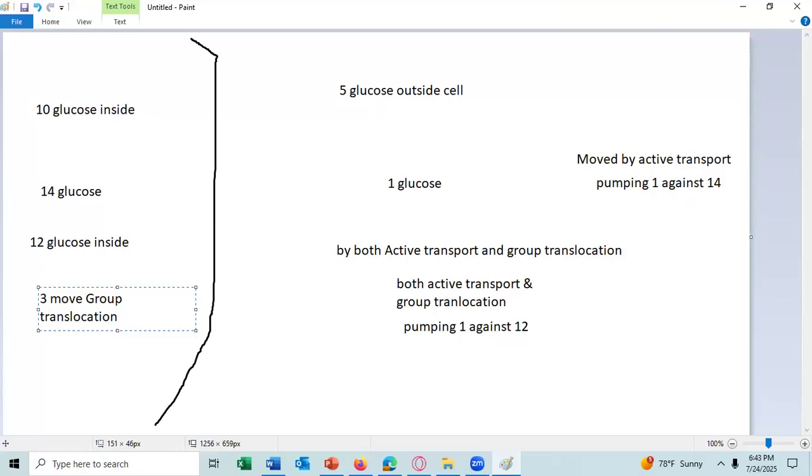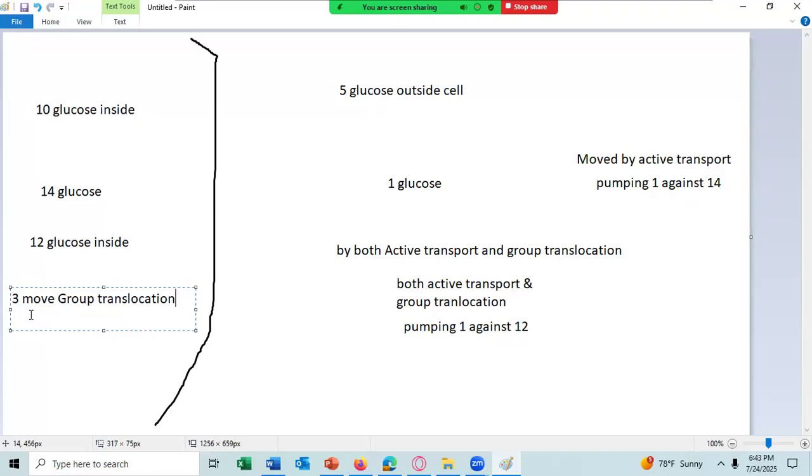And this isn't glucose. They're going to be 3 glucose 6-phosphate.